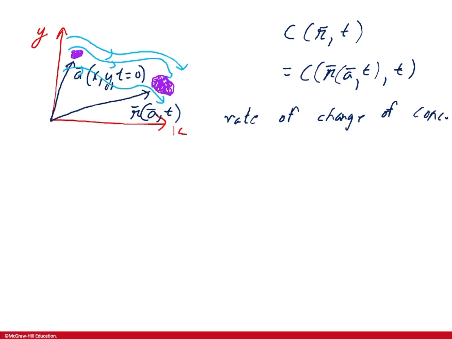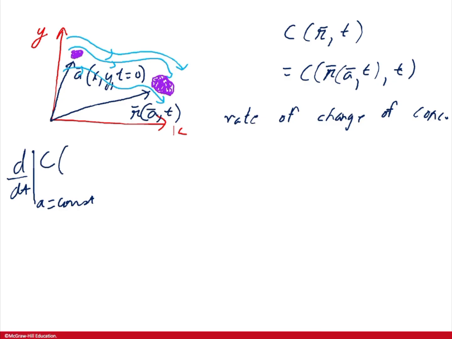In a differential sense, you write d by dt, which is the time derivative of a quantity, or the change of a quantity with respect to time, for a given position vector or initial position vector. So that A is constant for you, and we are concerned with the variable of concentration. So essentially this is a time derivative of concentration, right?